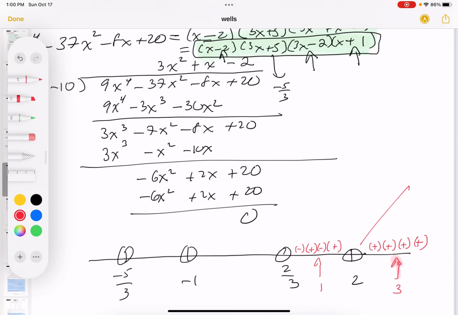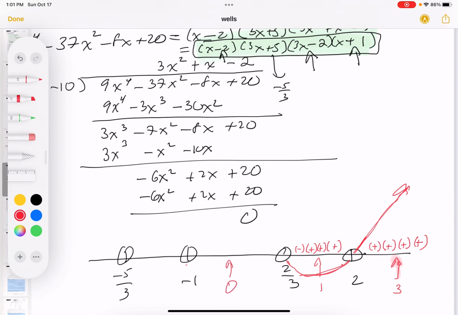Let me make sure I did this right. 1 minus 2 is minus 1. Oh, I'm sorry. 3 times 1 is 3. 3 minus 2 is positive. By the way, someone says, why are you saying that? I saw the picture. I knew that couldn't have been the case. But it's negative over here. So whatever happens over here, and that's a 0 over here, you got to have a connection like this.